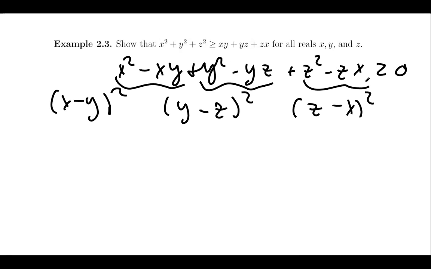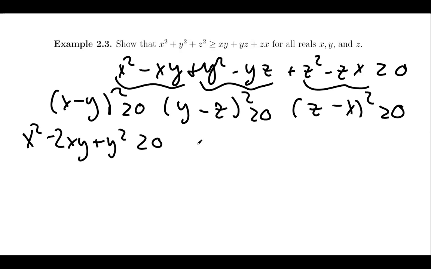So let's go along with that and take a look at these three trivial inequalities, since all of these are squared and all of them have to be greater than or equal to 0. So if that's the case, then we can expand everything out.